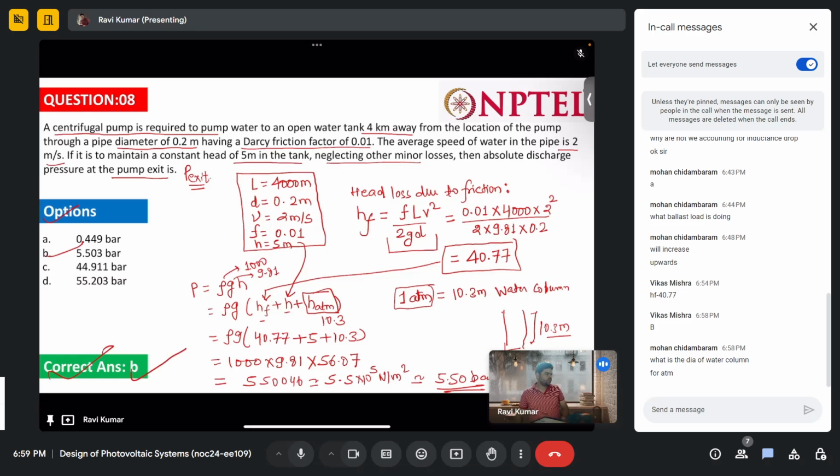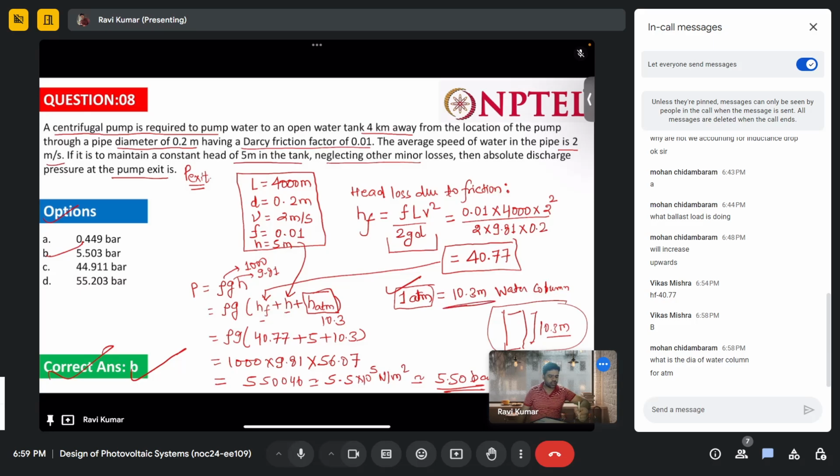What is the diameter of the water column for 1 atm? I think it is standard. I'm just telling you this is the way, in a crude way. The diameter you need to check. But for the head calculation for 1 atm, this will be the 10.3 meter water column.